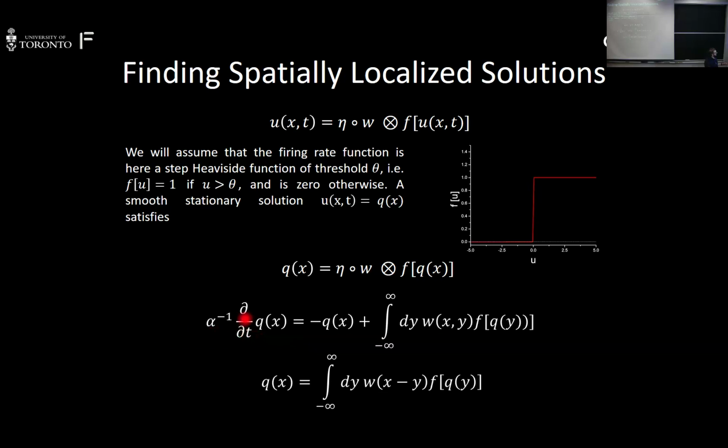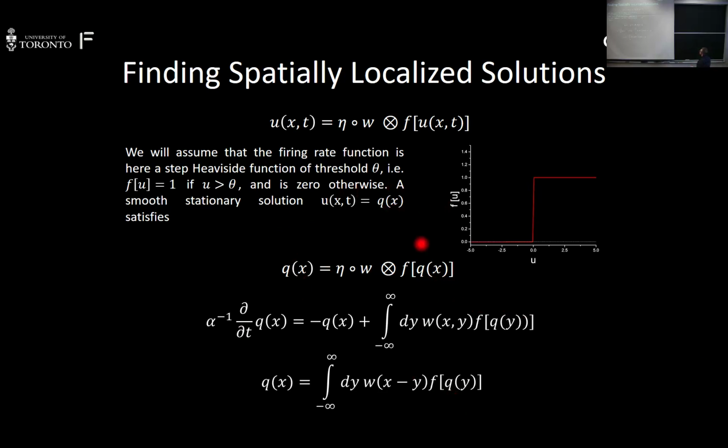If we set the temporal derivative to 0, we have an equation that doesn't change over time, where activity at some point x is a function of inputs from other points. It doesn't change over time because we've set the derivative to 0, so it's a stationary solution.